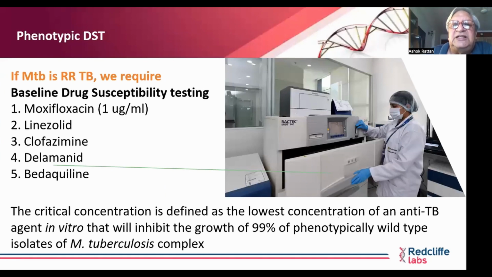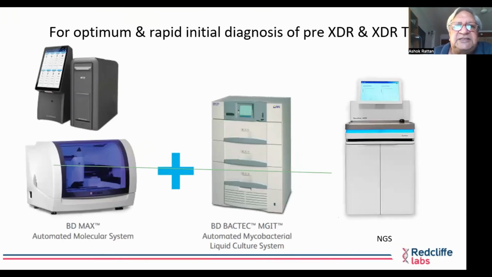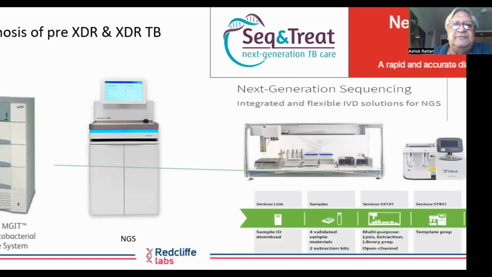So once the culture has been done, you have a choice of doing phenotypic MIC, but 18 drugs are available, and phenotypic MIC for many of them has not been standardized. So it's been suggested that we should use next generation sequencing, which will be able to probe the 32 genes which code for resistance to the 18 drugs that are available.